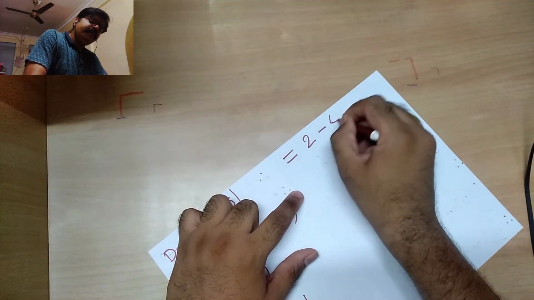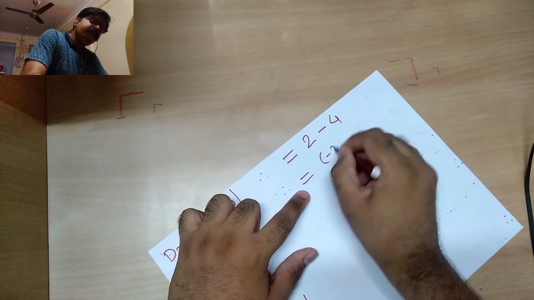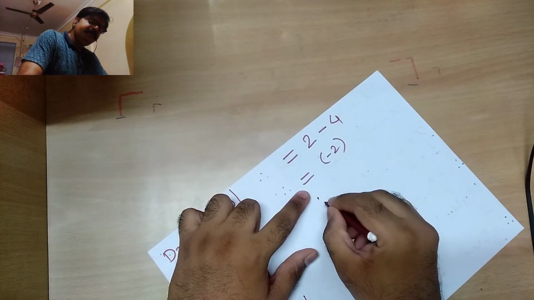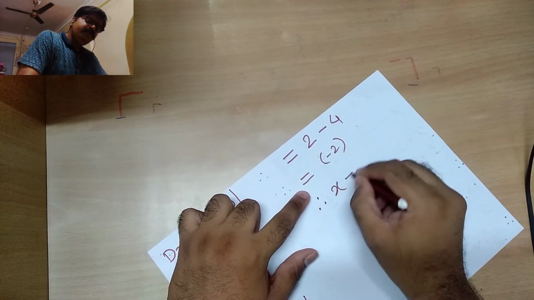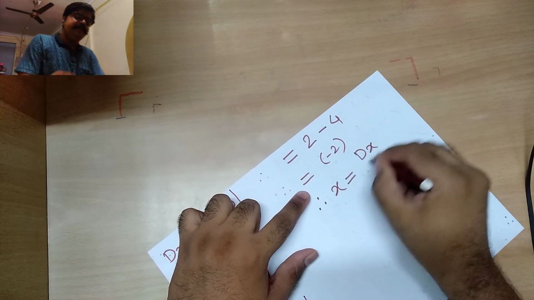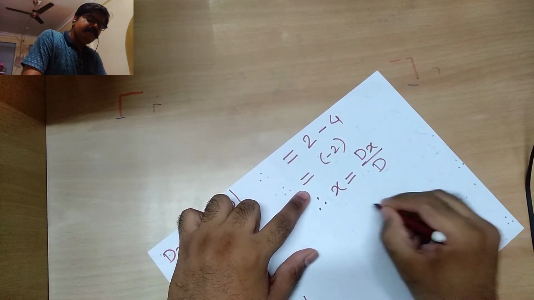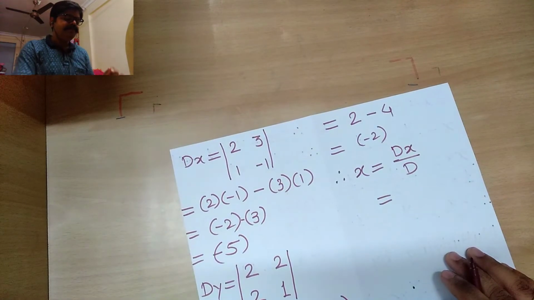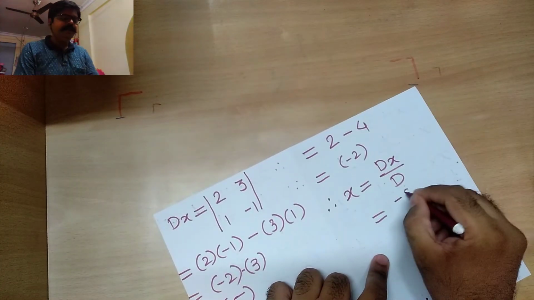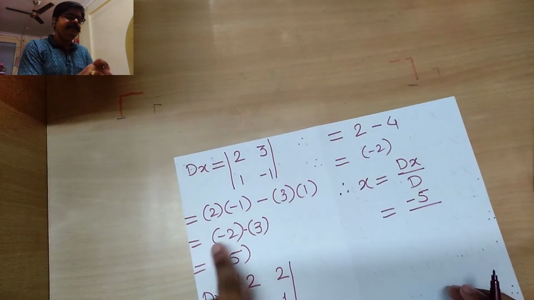Therefore calculation of x will go somewhat like this: dx divided by d. Therefore x's value will be minus 5 divided by d's value. Okay, earlier we had calculated d, that was minus 8.